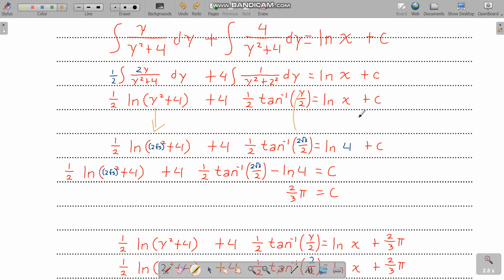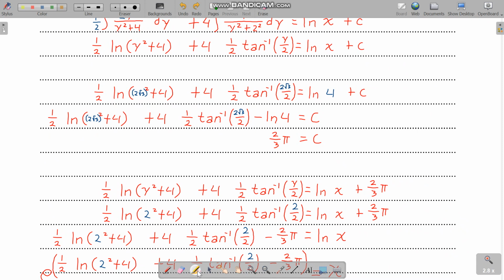So in this case, you can just move the ln 4 to the left, so minus ln 4, and then use your calculator for the whole thing here, and you will get an exact value, 2 over 3 pi. Now that you have c, you plug in to the original equation here. You replace this c with 2 over 3 pi. So now we have, this is called the particular solution because we have the value of c.